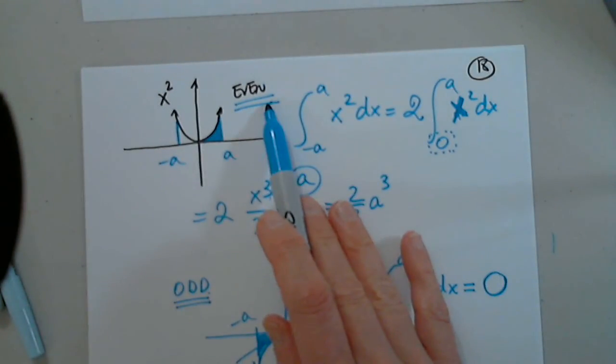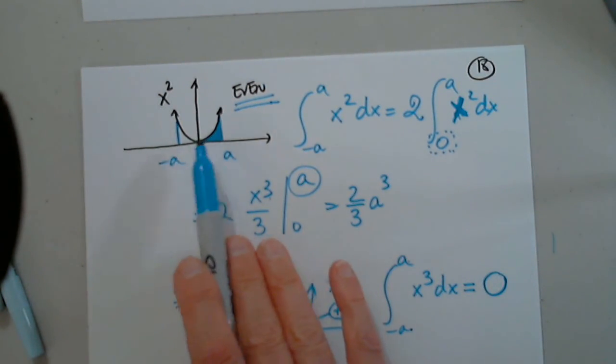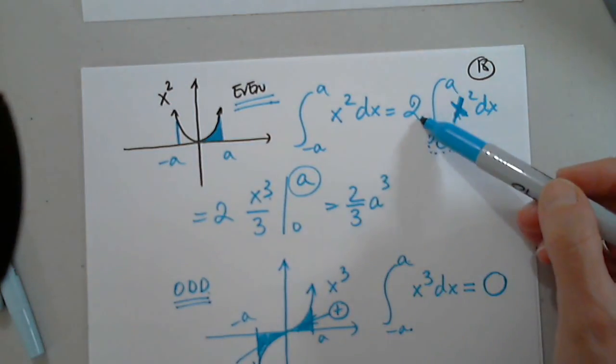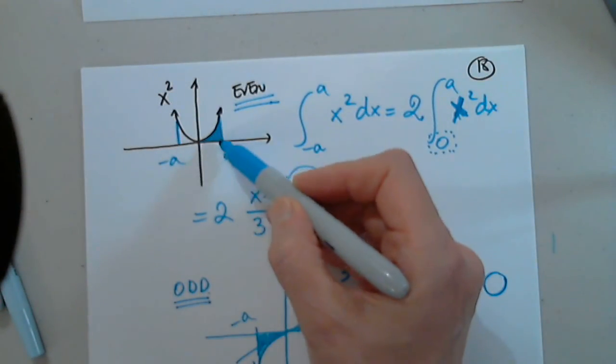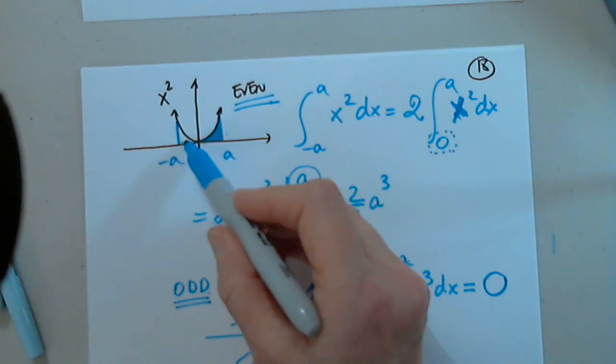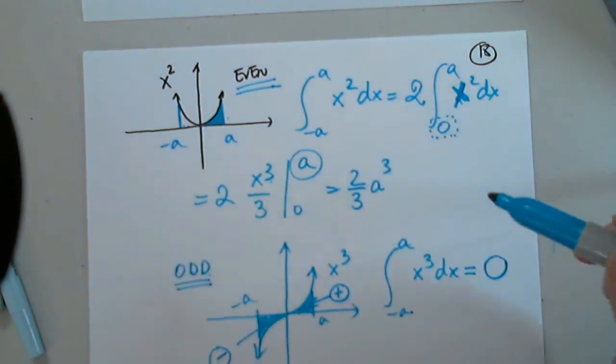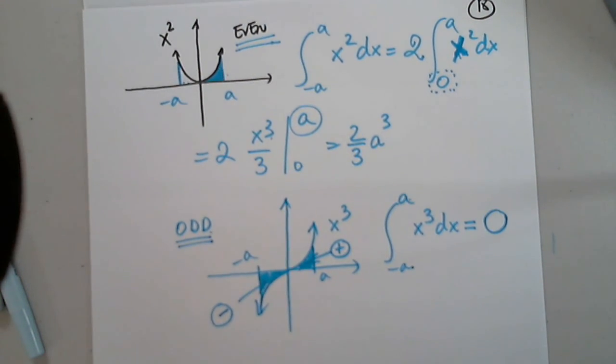If the function is even and the interval is symmetric, then I can replace the integral with twice this integral, this area, because they are identical and both positive. They're above the x-axis. But if the function is odd, just write 0.